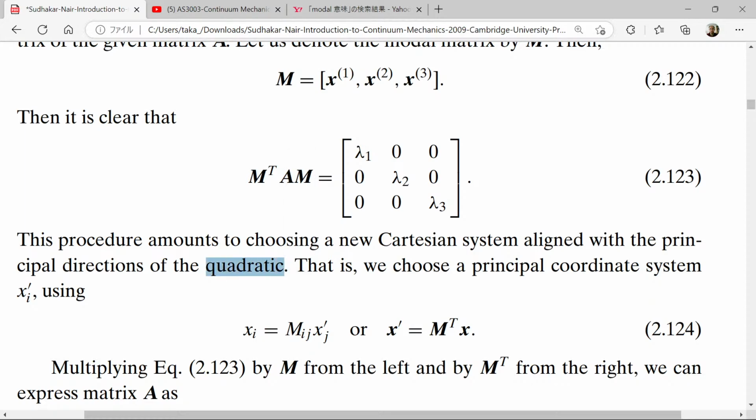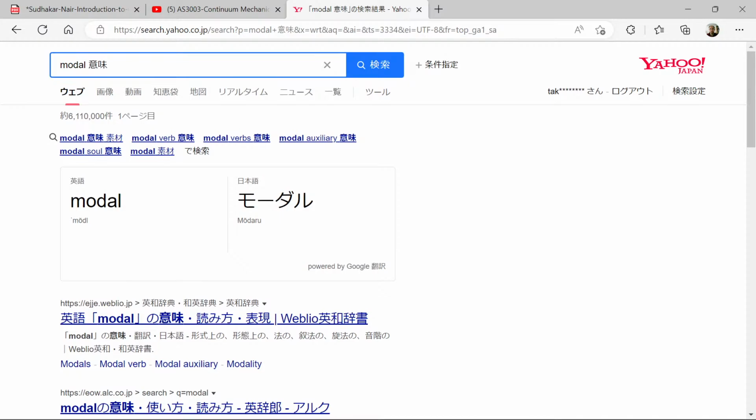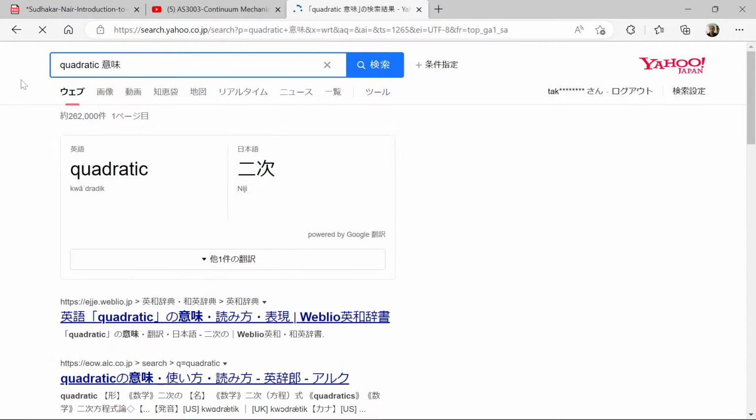Principal direction of the quadratic. The principal direction of the quadratic. Quadratic. Second order.